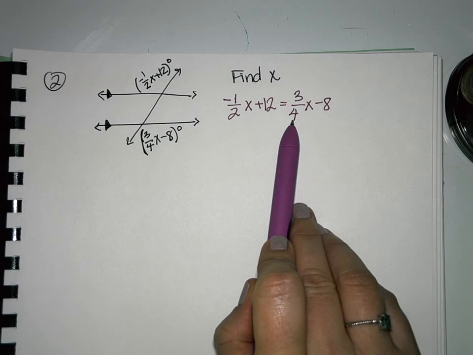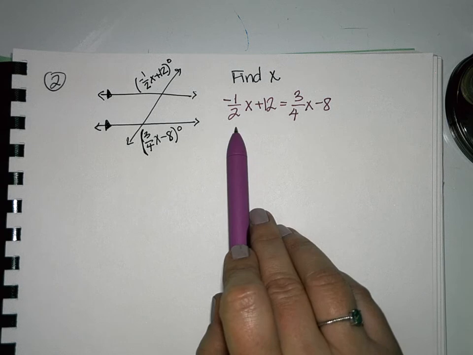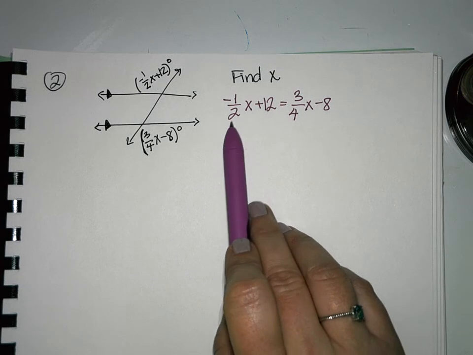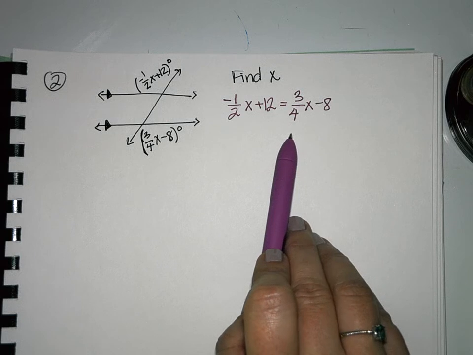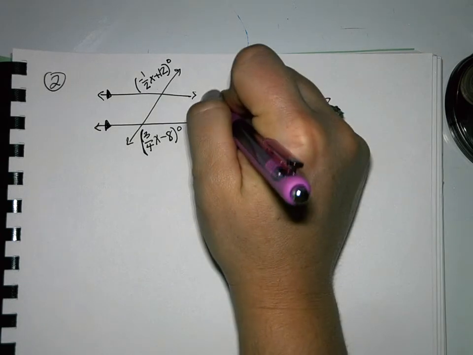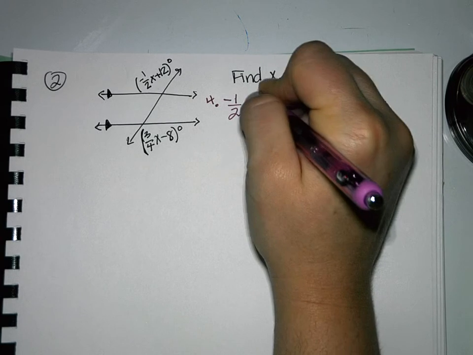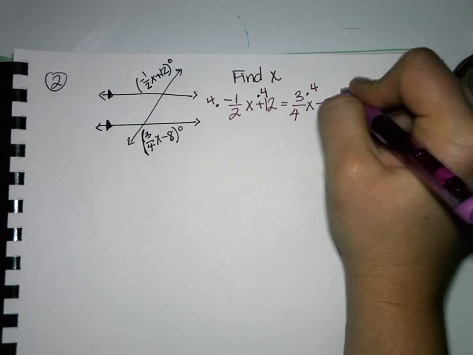So what you're going to look for is the least common multiple. So the smallest number that you can multiply 2 and 4 to become. So I know Maddie said 8, and 8 would work. Is there a smaller number though? 4. So I'm going to multiply everything, including the 12, including the 8, the 3/4, and the 1/2.